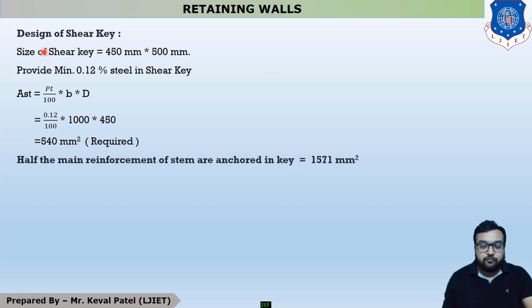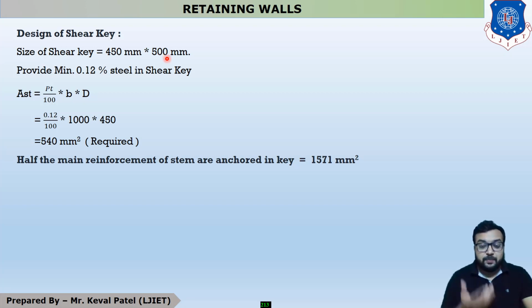Students, what is the dimension of shear key? The dimension of shear key is 0.45 meter by 0.5 meter, so the size is 450 cross 500.